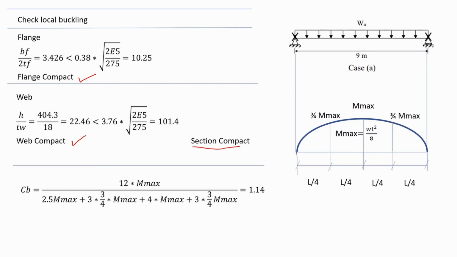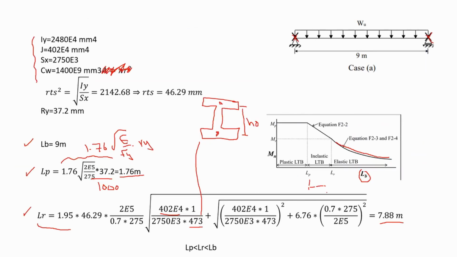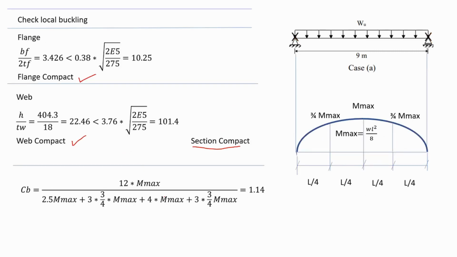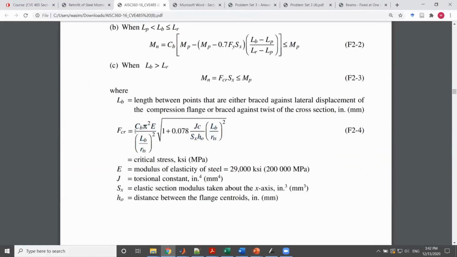The section is compact, but based on what I observed in here, based on the length, the LB was bigger than LR, therefore I have to use this equation related to this line. Okay, now coming to Cb, I have to calculate Cb to obtain Fcr, which can be used to obtain the capacity of this member.